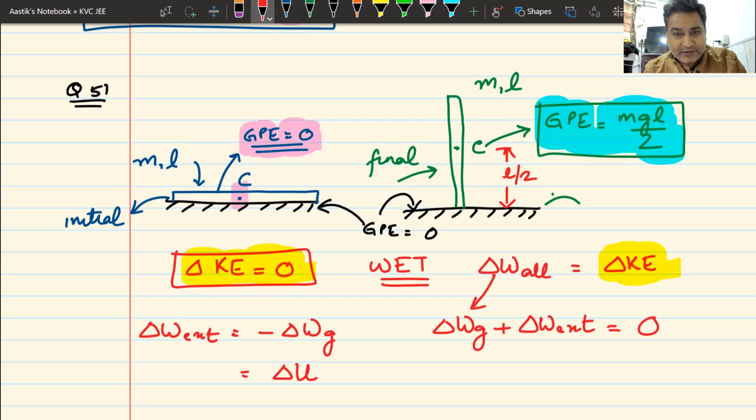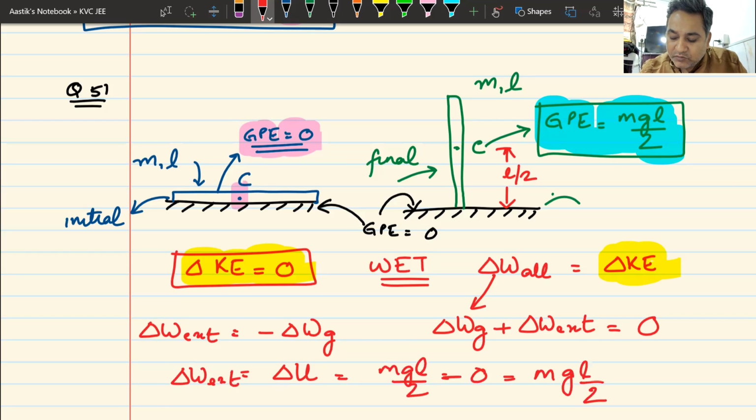Change in potential energy is final potential energy minus initial potential energy. So the answer is mgL by 2 minus 0. That is the work done by the external force, and that is the work done that we are looking at.